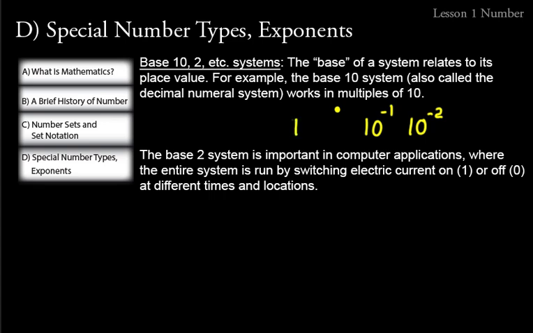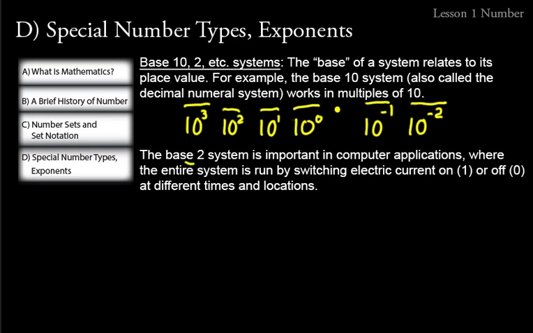That's the ones place. So if you're thinking about place value and your different places, you'd have 10 to the 0. Then the tens place is 10 to the 1. The hundreds place is 10 squared, or 10 times 10. The thousands place would be next, 10 cubed, and so on. Use of the base 10 system dates back to at least 3000 BC.